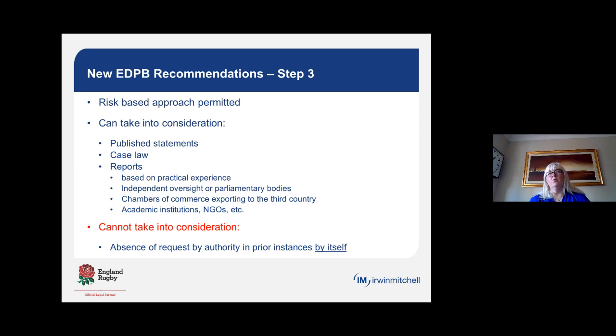What you can't do, and whilst what's happened in relation to the person that is the importer or the sector relating to the importer is relevant, the fact that the importer says I've never had a problem, for example, with the NSA wanting to see my data before, that by itself isn't enough, so you need to fold it in. And certainly they're very keen on looking at a sectoral approach rather than just on the particular importer that you are using, but all of these things can be factored in.